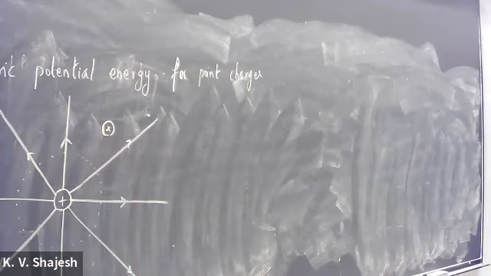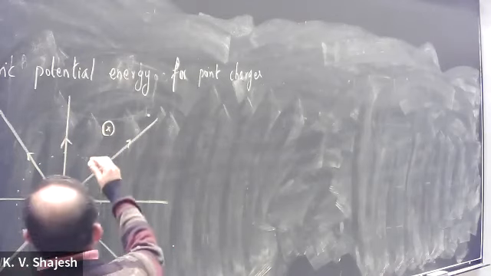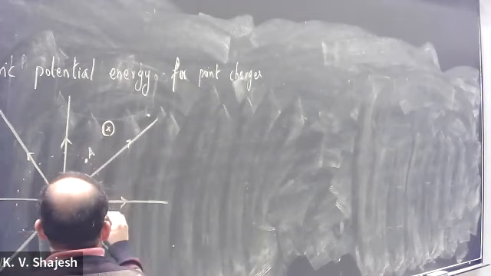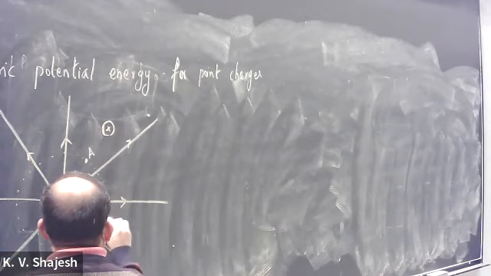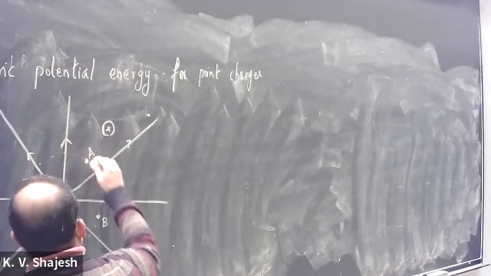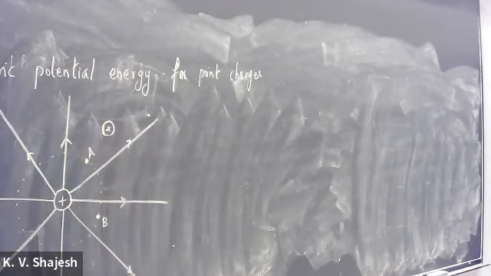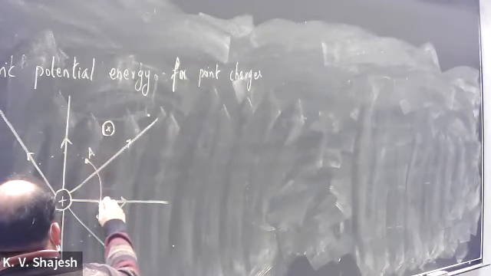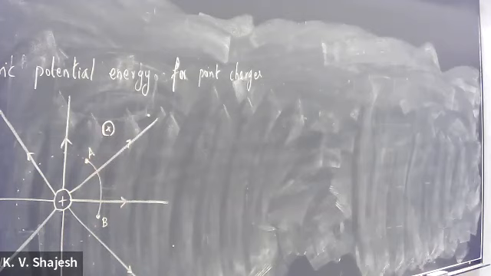Notice what is happening here. If I were to go from this point A to point B here, and it doesn't matter how I go from point A to point B, but to make it simple, let's say I go along the surface of a sphere that is equidistant from the positive charge.